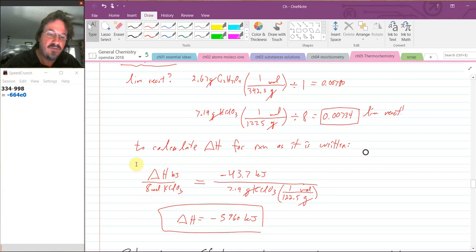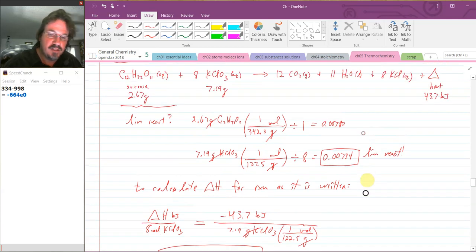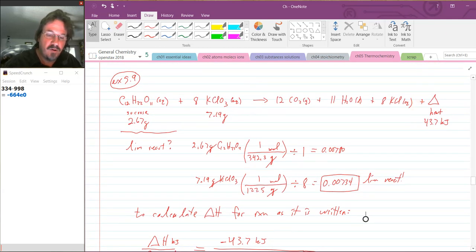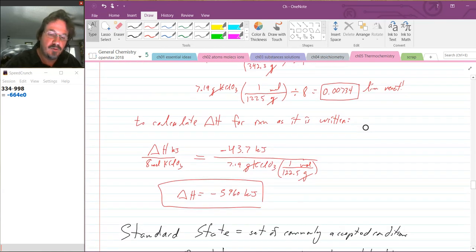But it's not for just any old amount. It's for, in this case, 8 moles of potassium chlorate. That would equal, well, let's see, on the top I need heat, 43.7. Look, I made it negative because I know it was exothermic. Divided by, on the bottom, I've got the amount of potassium chlorate.